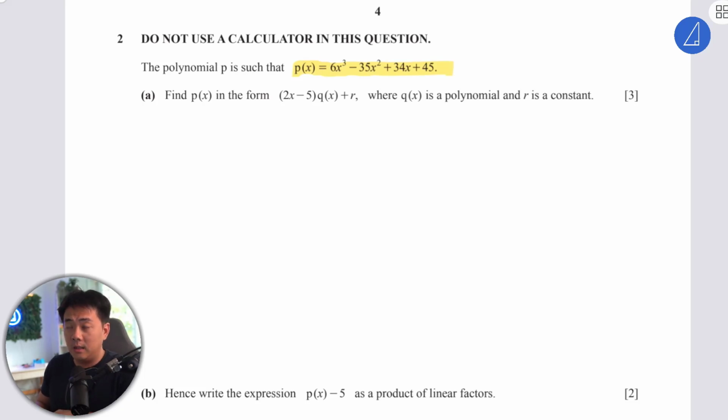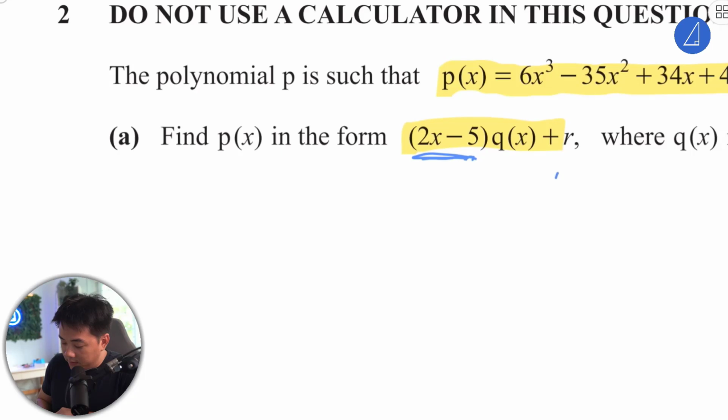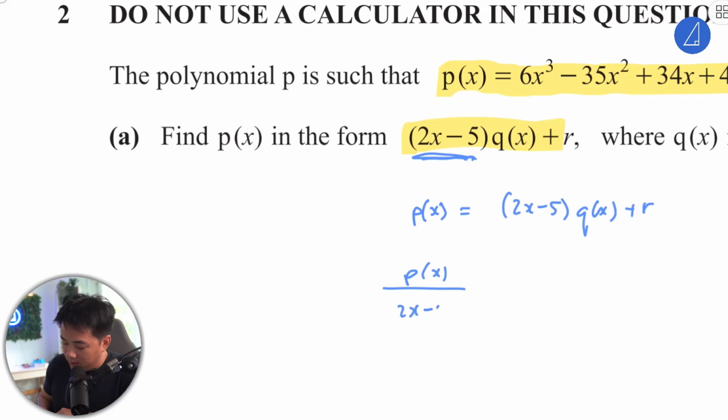So find p(x) in this form here. What we need to do is essentially divide by 2x minus 5. How it works is this: we need to express p(x) in this form, so we divide both sides by 2x minus 5.